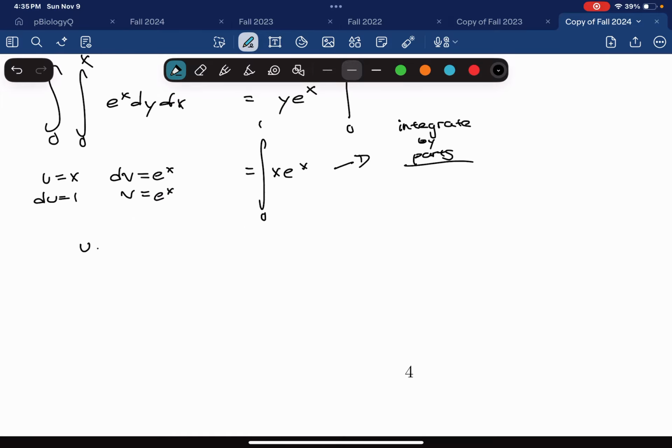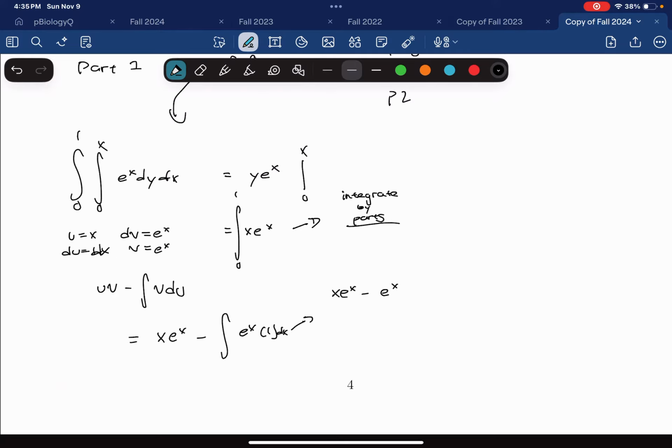So uv minus the integral of v du, which is just x e^x minus the integral of e^x times 1, well, I guess in this case it's 1 dx. So in this case, you get x times e^x minus just e^x. That's from 0 to 1.